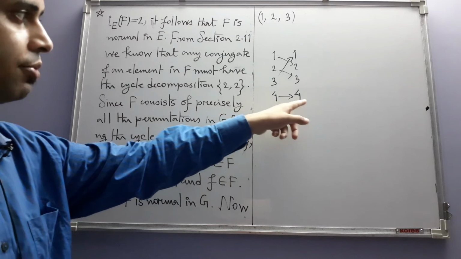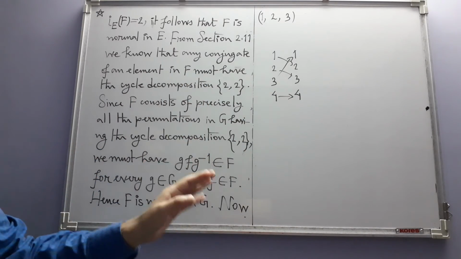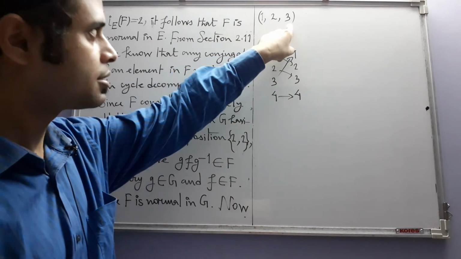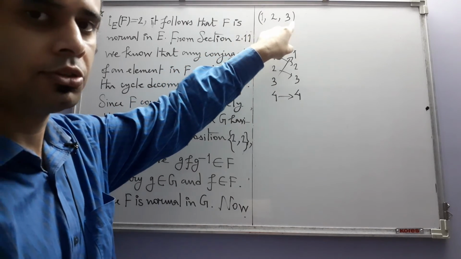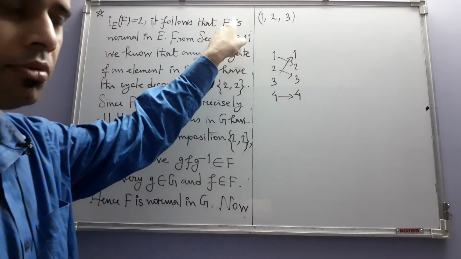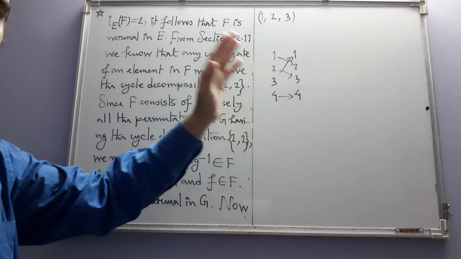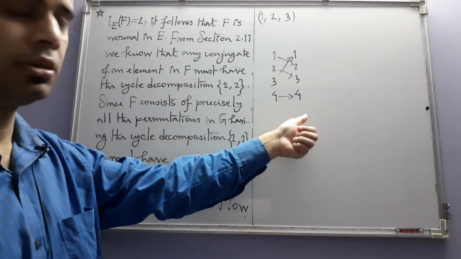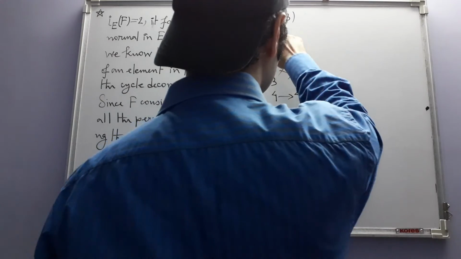Usually when we have a single cycle, we don't write the fixed symbol, because if there are 4 symbols, this cycle tells you that the image of 1 is 2, the image of 2 is 3, and the image of 3 is 1. And the one symbol that we are not writing, it's assumed that its image is the symbol itself, that is 4 has the image 4 itself. So it's this function.